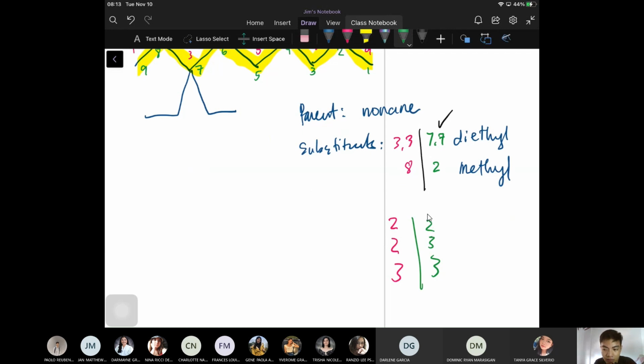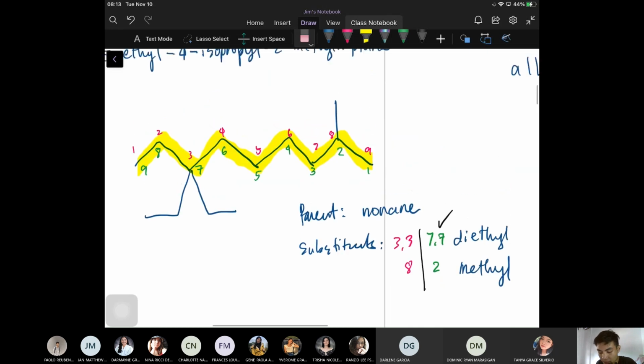Ano yung susunod na gagawin? Pag same yung lowest number, yung combination naman yung titignan. 2, 2, 3 is better than 2, 3, 3. Because of this difference na. Yung difference dito sa dalawa. So, you will choose this over this one. Okay? So, ganun yung pag-check ng substituent number, ha? Baka malito eh.